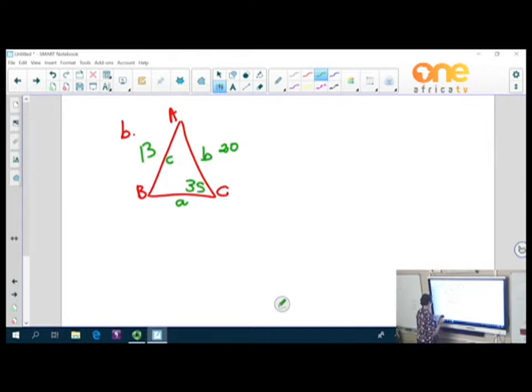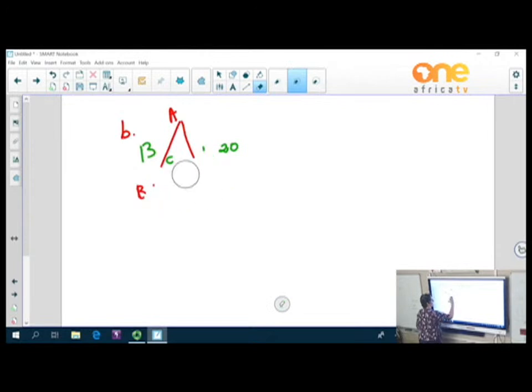That one is 35 degrees. And we have to find angle B. Now, this is not the right one here.